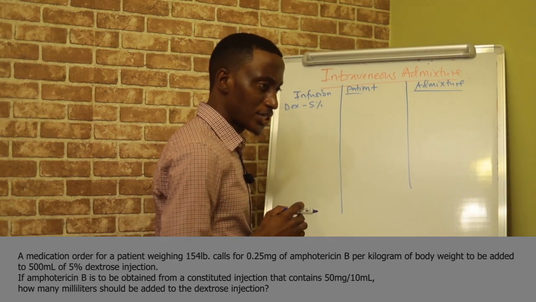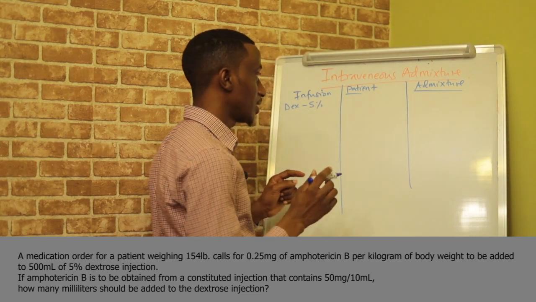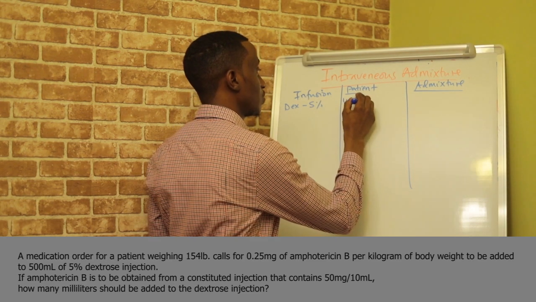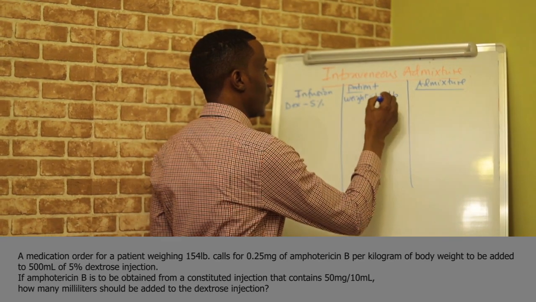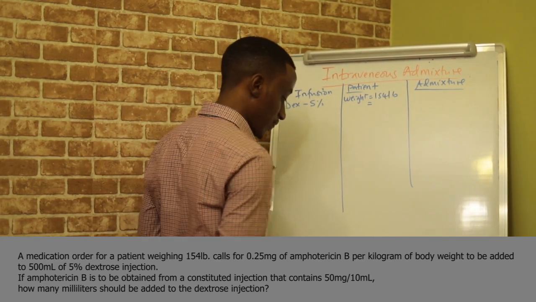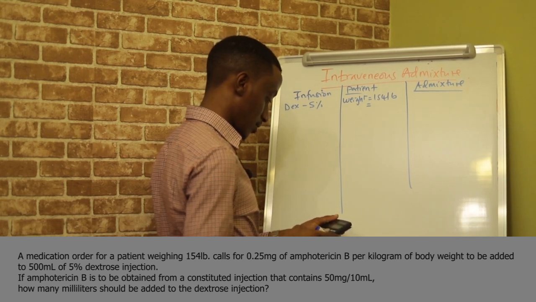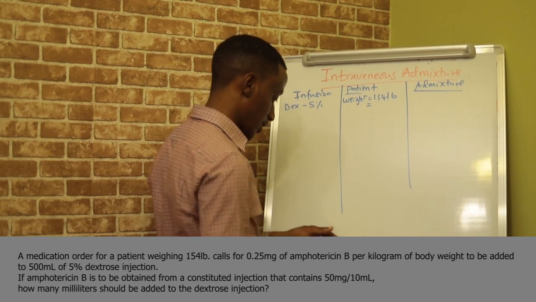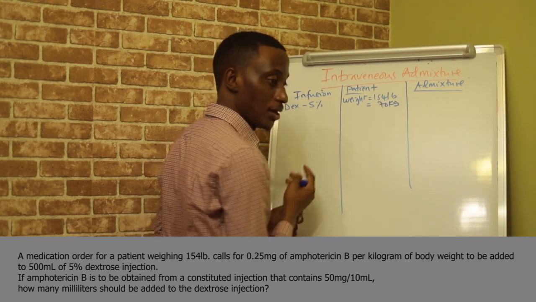Okay, so a medication order for a patient weighing 154 lb. When you change into kilograms, you divide by 2.2, that is probably 70. Okay, that is 70 kg for a patient.